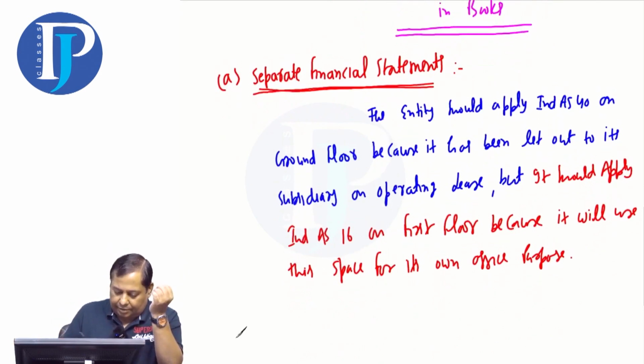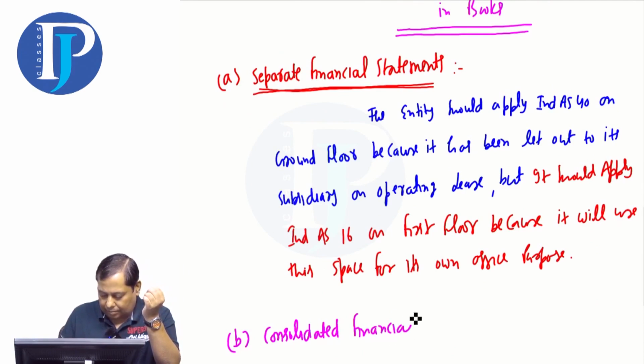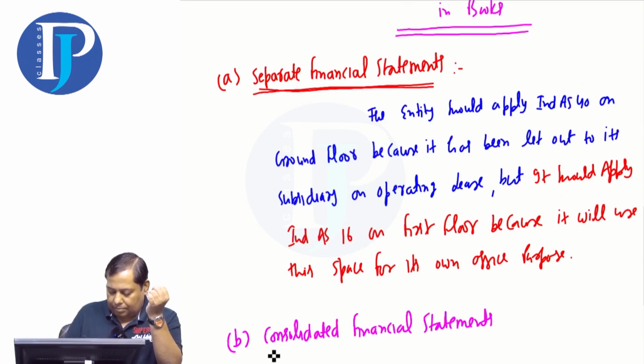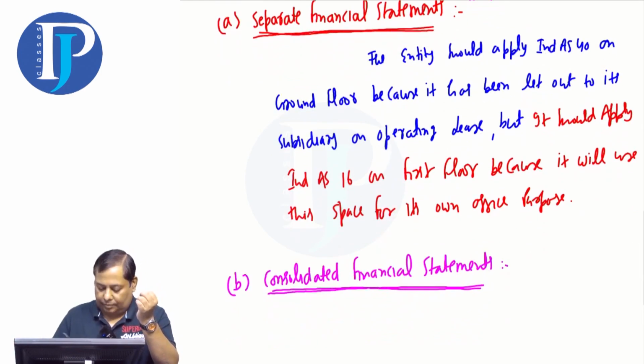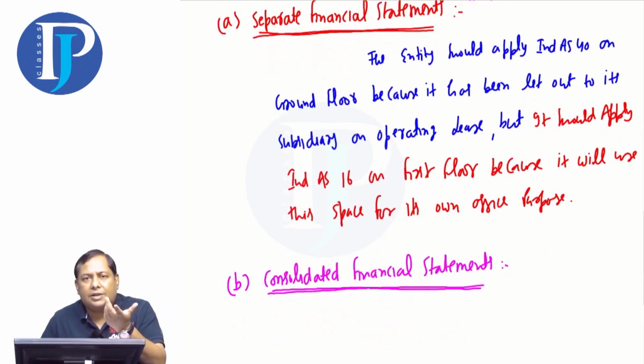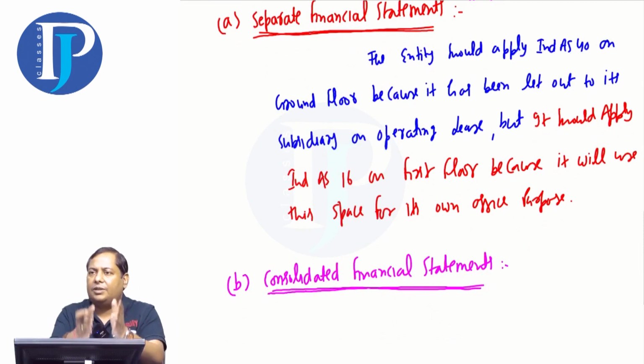When we come to the CFS, the lease will be cancelled, the property will return to the group, and we will charge 16% on the entire property as it is still within the group.